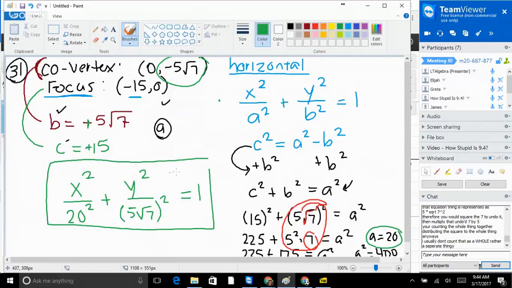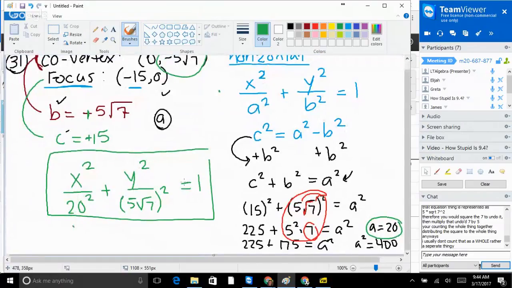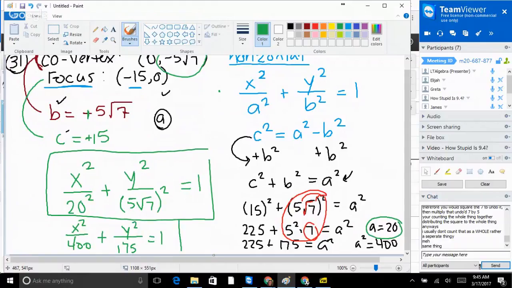Your book may also write it as x squared over 400, right, plus y squared over 175 equals 1. Those both mean the same thing. Yeah, same thing.